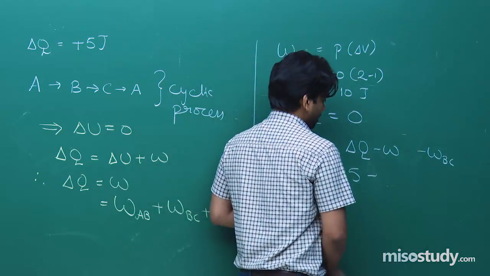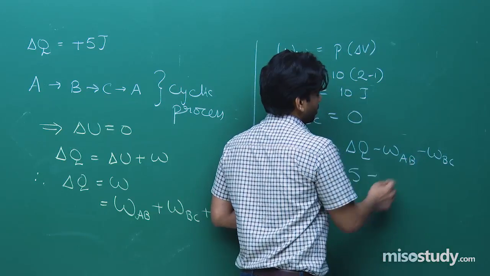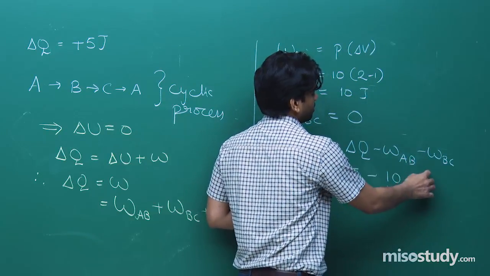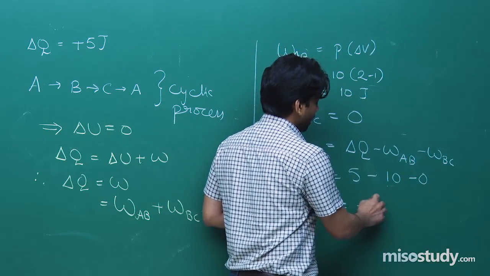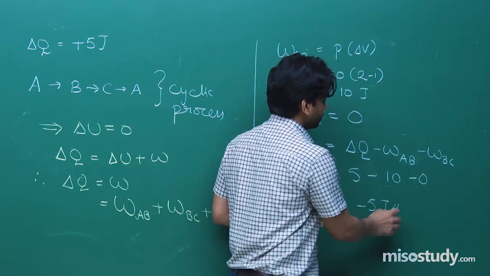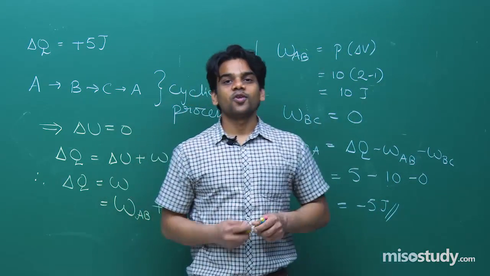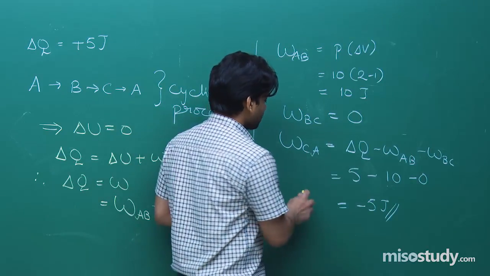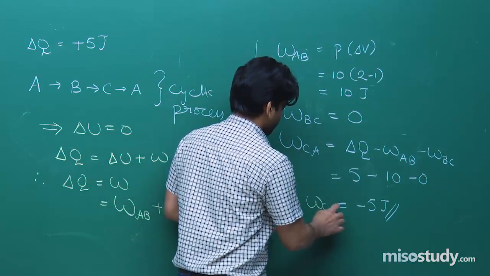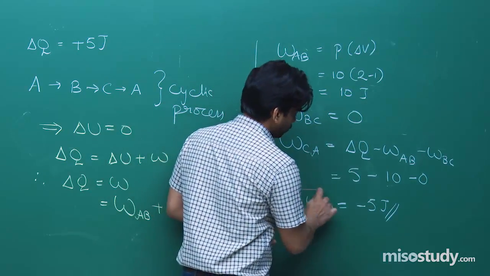I have written BA, but this is AB. So this is 10 and this is 0, and this will come out to be minus 5 joules. That is, work done from C to A is minus 5 joules.